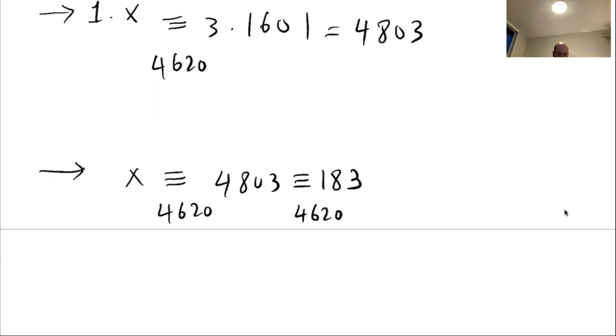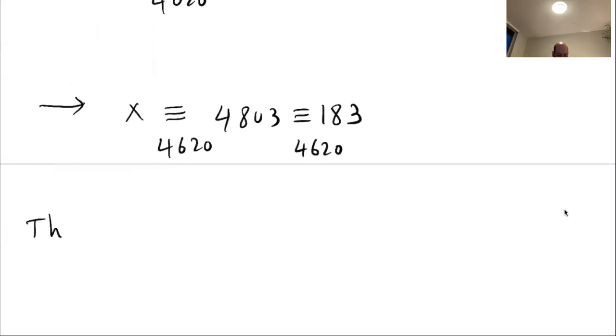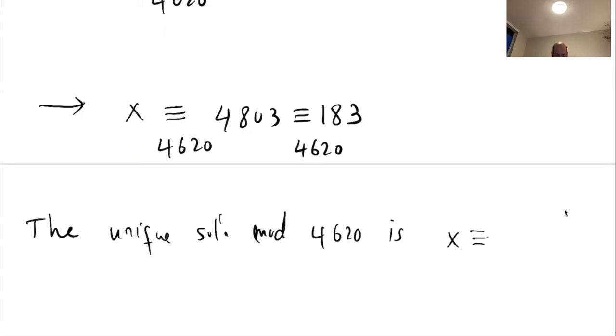So what is the solution? The unique solution mod 4,620 is X congruent 183 mod 4,620. So you can write your final answer like this.